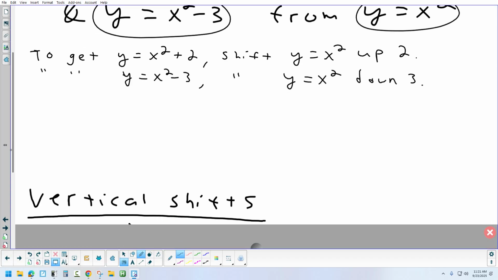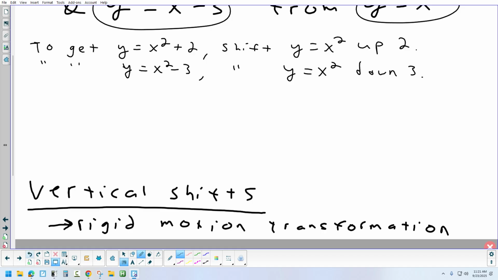And that's called a rigid motion transformation. Rigid means that you just take what you have and it's like a translation from geometry. No stretching at all. So with vertical shifts, there's two cases. You either shift up or you shift down.